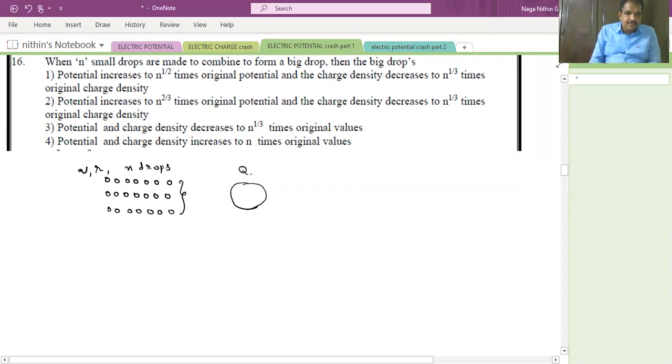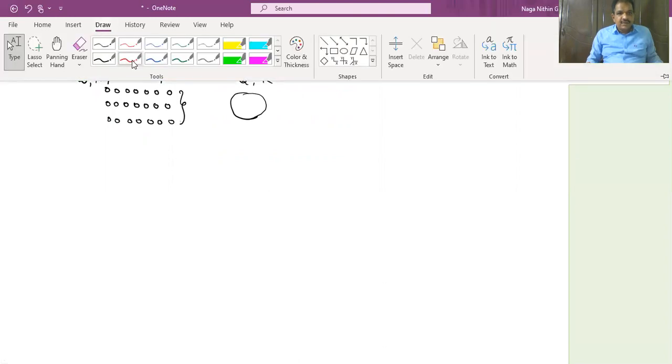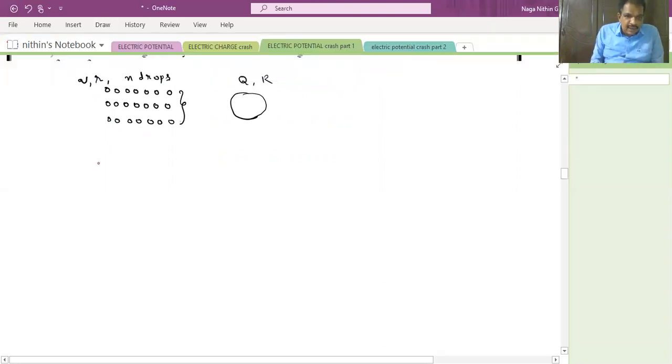I am assuming the big drop's charge is capital Q and the big drop's radius is capital R. If you learn this, then whatever they ask, capacity, volume, charge, potential difference, you can calculate easily. Then see, all are combined according to charge conservation.